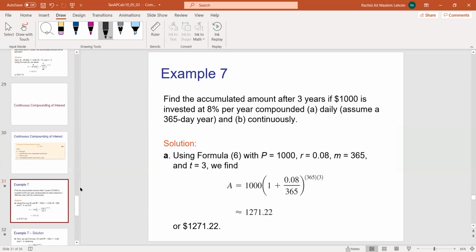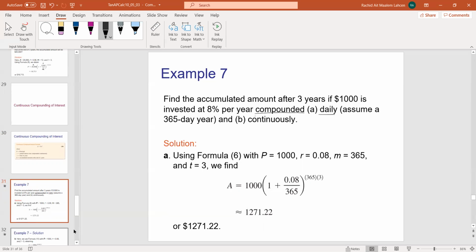So for example, $1,000 in 3 years at 8%. And we're going to compare if it's compounded daily, 365. So now you see this is compounded daily, not continuously compounded. And that's going to be 1271.